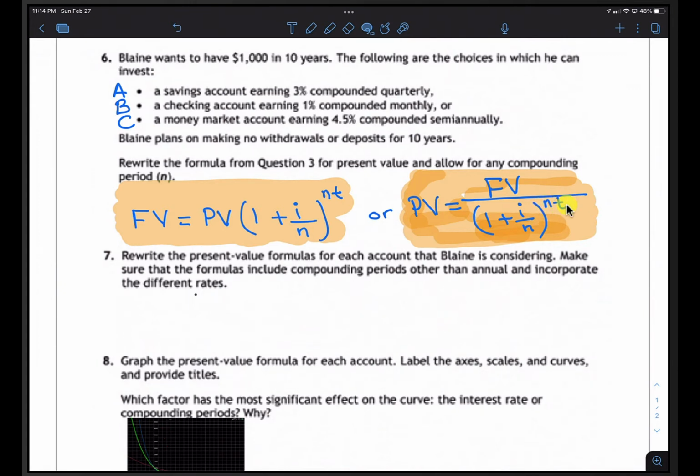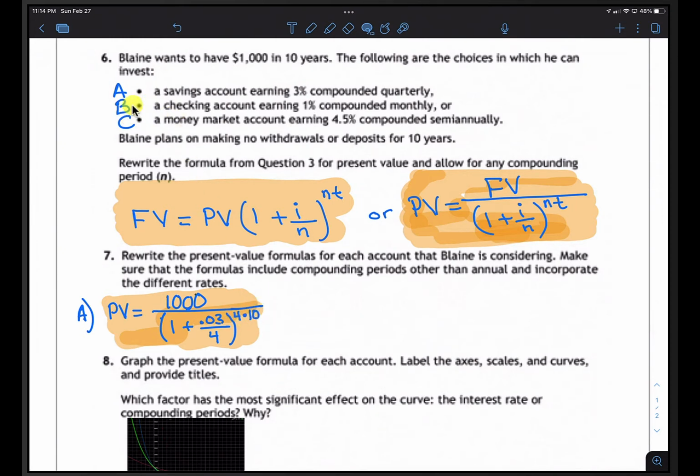So again, for account A, it's PV equals 1,000 divided by (1 plus 0.03 divided by 4), raised to the power of 4 times 10. Now when you calculate this, we know that 4 times 10 is 40, so you could just put 40 in your calculator for the exponent.